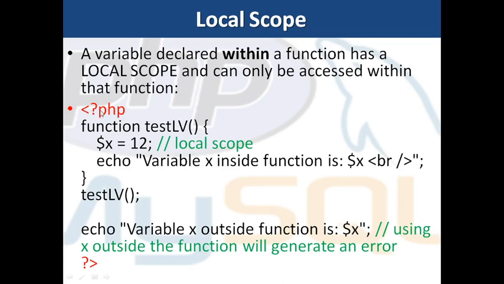PHP script has started. In the example, function test lv is created. Within that function, a local variable is declared, and then that local variable is used to output on the screen. Now function is called to execute it.